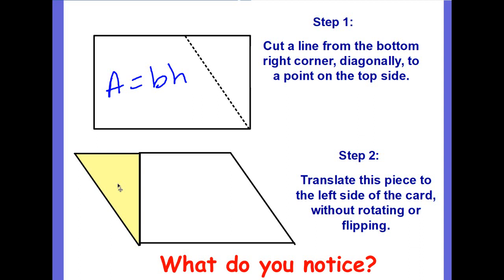The formula is the same as the formula for the area of a rectangle: area equals base times height. The formula for the area of a parallelogram is the same as for a rectangle.